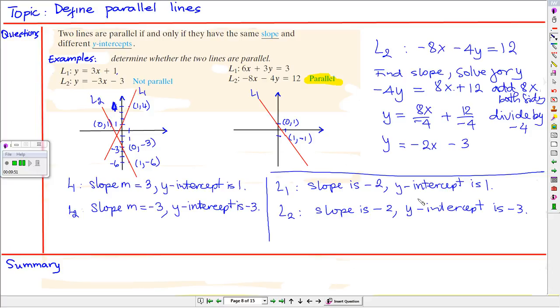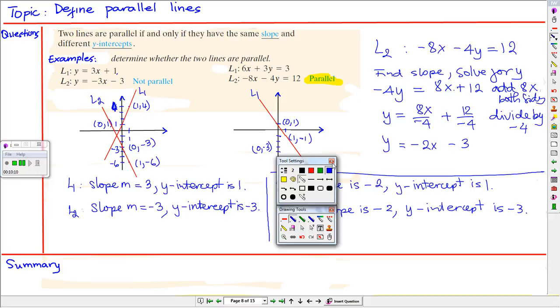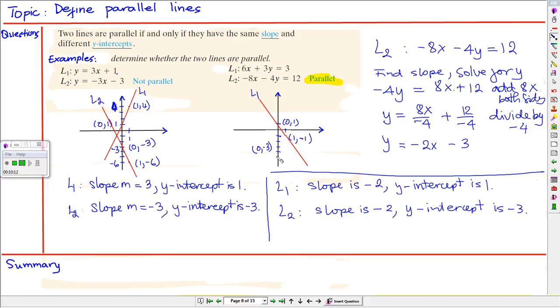Now let's graph line number 2. The y-intercept is negative 3: negative 1, negative 2, and negative 3. So the point will be 0, negative 3. The slope is negative 2, so from this point I go down 2 units, then go to the right by 1 unit.